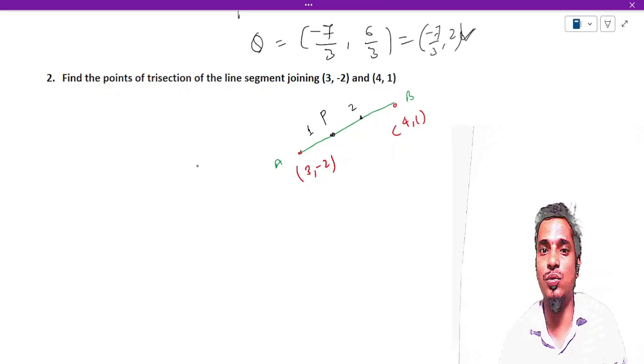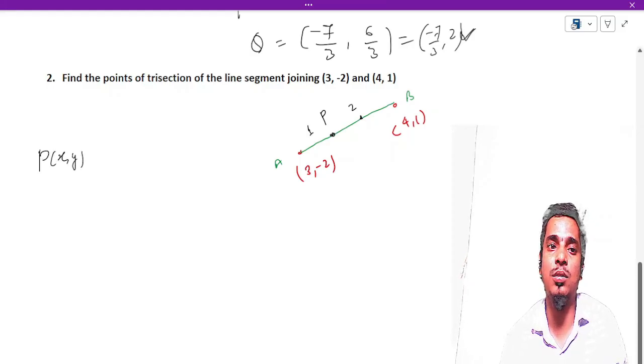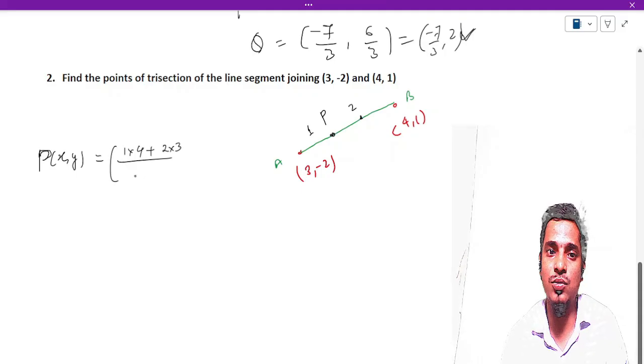So with the help of this, we can find the coordinate of P as x comma y, which is equal to 1 times of 4 plus 2 times of 3 divided by sum of the ratio, 1 plus 2 is 3.